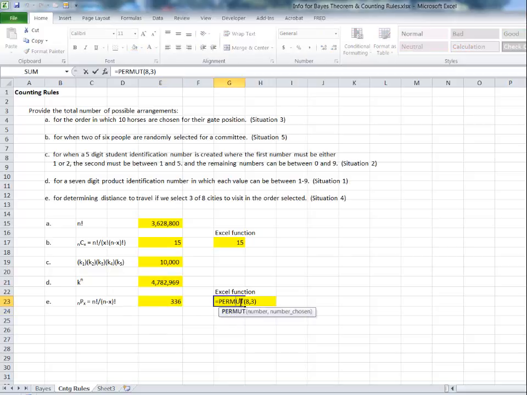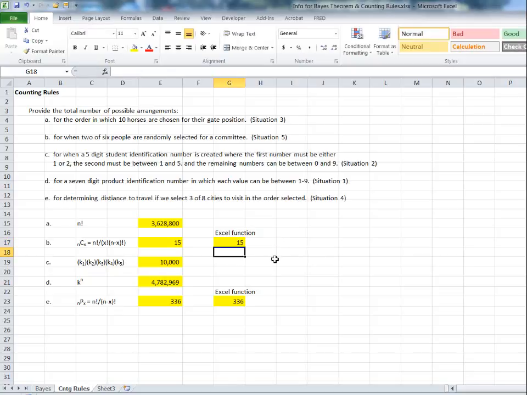Calculators have this as well, but there's a PERMUT command in Excel where you would put the total number and the subset, and obviously you get 336. Or for a combination you can use COMBIN. Again, you have total number 6 and the subset 2. It would be 15.